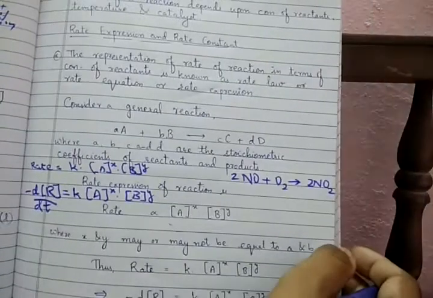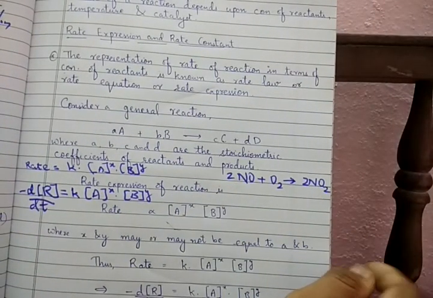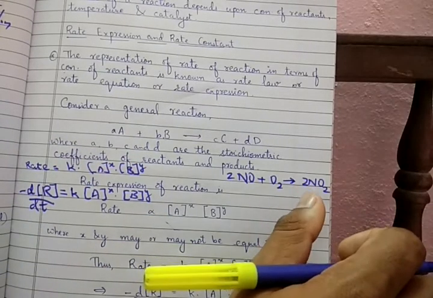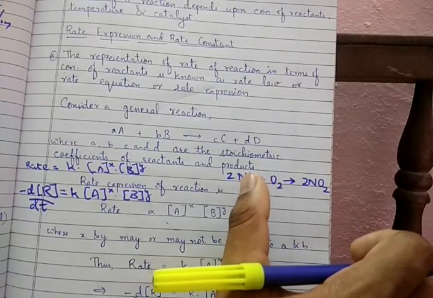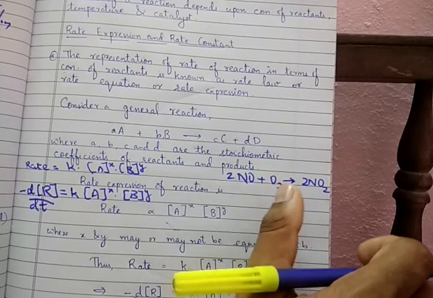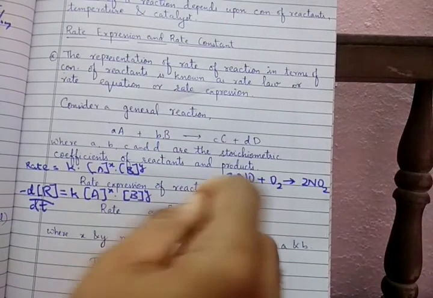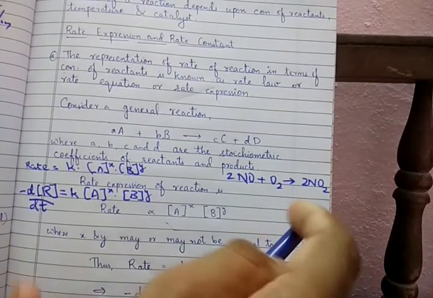So how will we write the rate of this certain reaction? We are not given any other information about the rate of concentration of nitric oxide and oxygen, so we will use whatever coefficient is given.